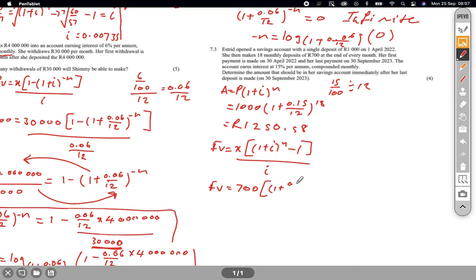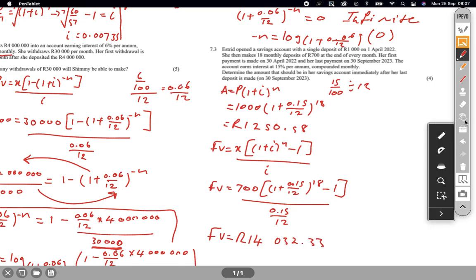Our interest is still 0.15 over 12 for 18 months. Okay, and then if you punch this in, you should get 14,032 rand 0.33 cents.